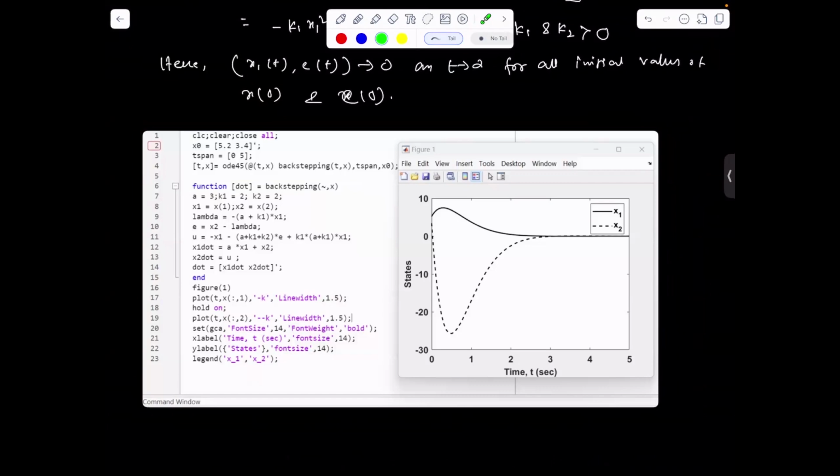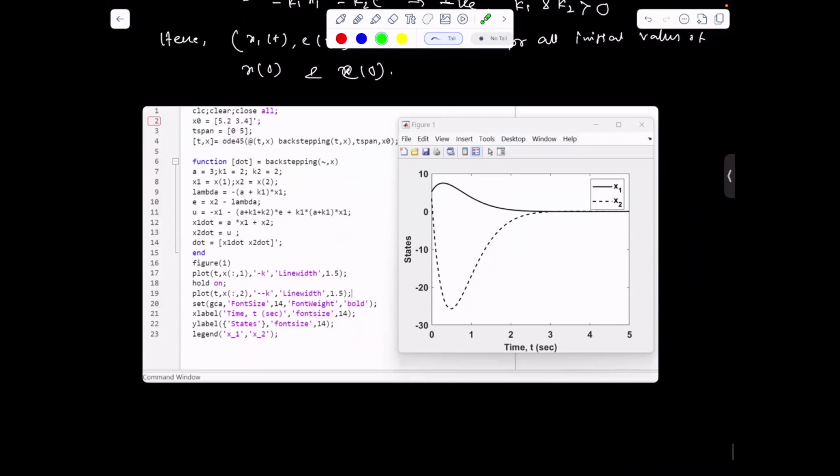Here we are simulating this. These are the initial values of x1, x2, and we are simulating the program for 5 seconds. This is ode45 to solve the differential equation, and this is the function backstepping we have used. Here we have chosen a equal to 3, k1 equal to 2, k2 equal to 2.